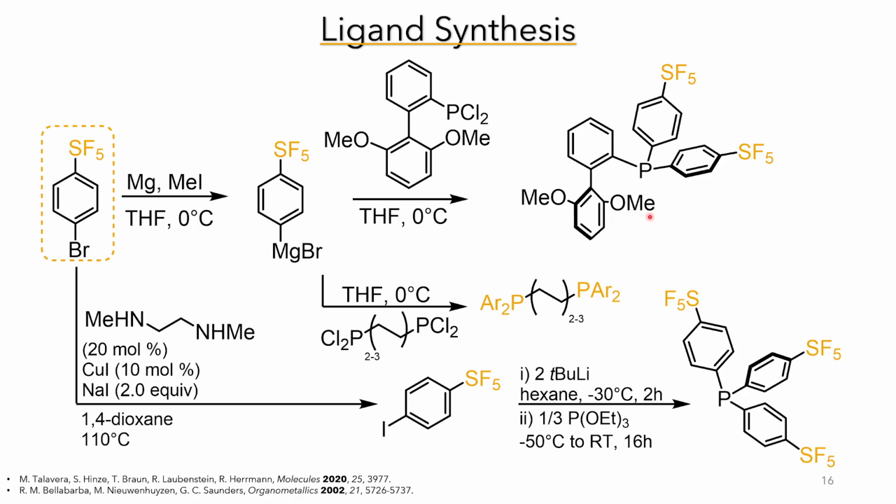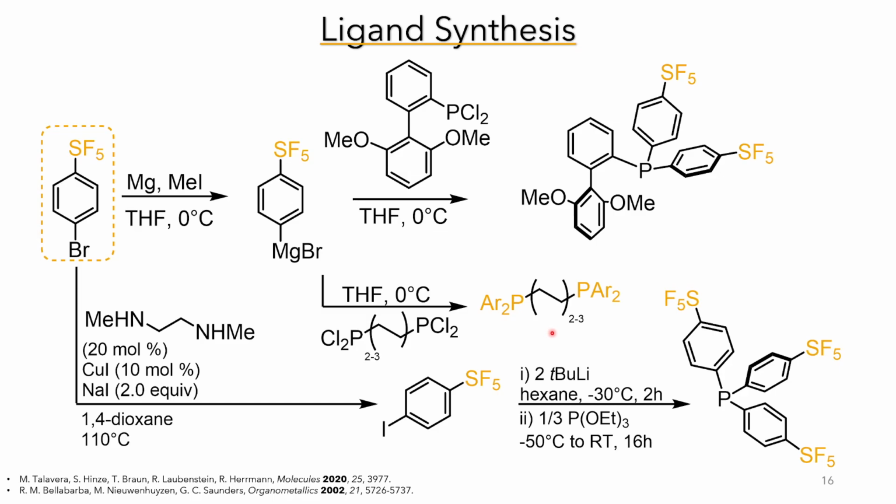This is the SFOS ligand, but it could also work for something like 1,2-bis(diphenylphosphino)ethane or diphenylphosphinobutane, or sorry, propane, to get these simplified polyphosphine ligands. This could also work for asymmetric ligands like BINAP as well.